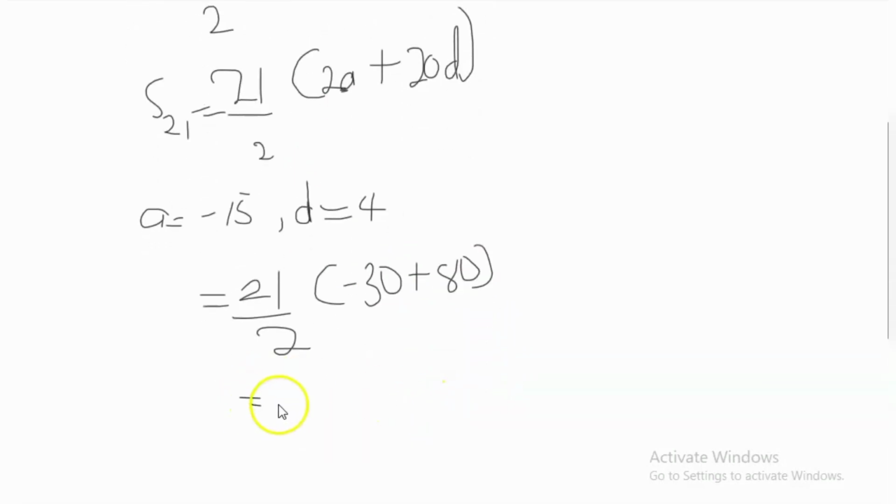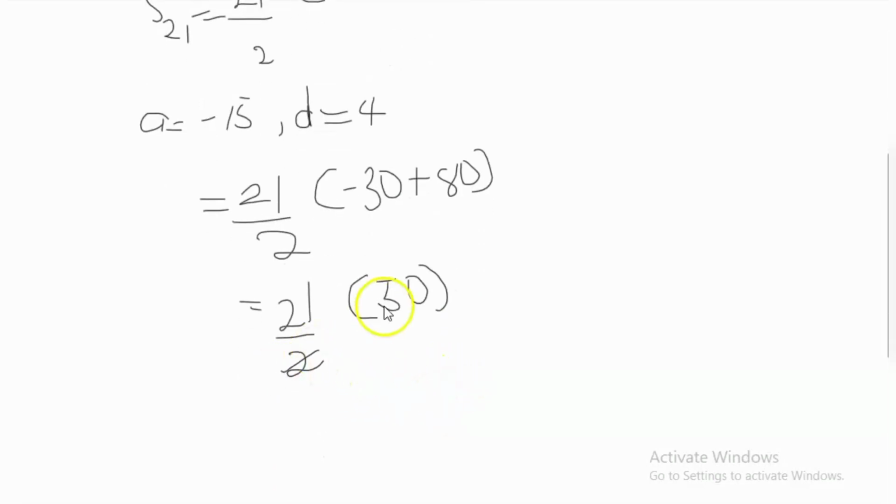So we're going to have 21 over 2 times minus 30 plus 80, which is 50. 2 can go into 50 25 times. So we're going to have 21 multiplied by 25, which gives us 525. So this is our answer, the sum of the first 21 terms in an arithmetic progression.